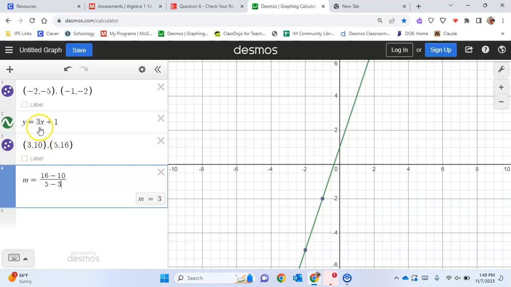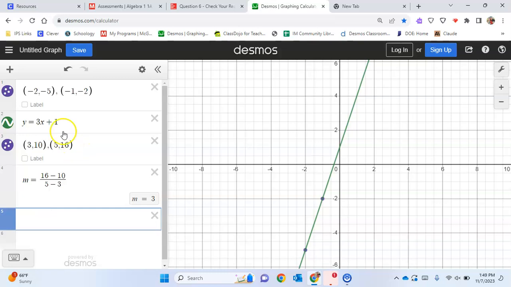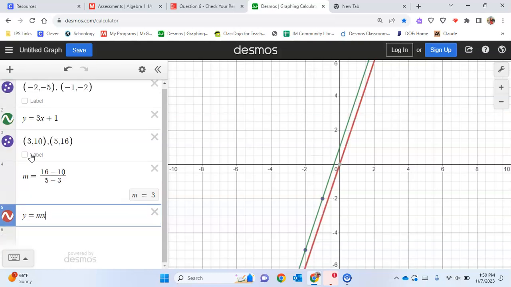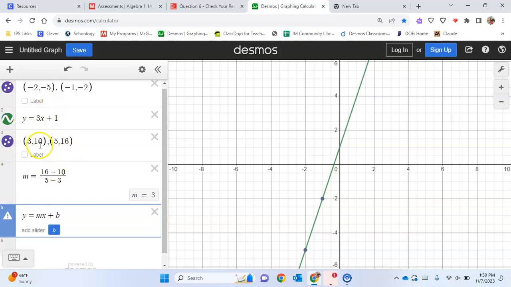We already knew that. To find the y-intercept using algebra, you're going to plug in a y value for y, 3 for m, and calculate b. The first y value is 10. m is 3. The slope is 3.